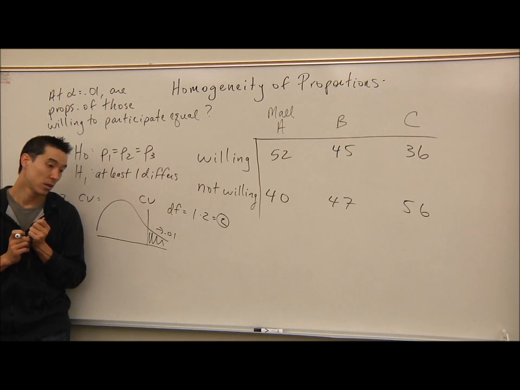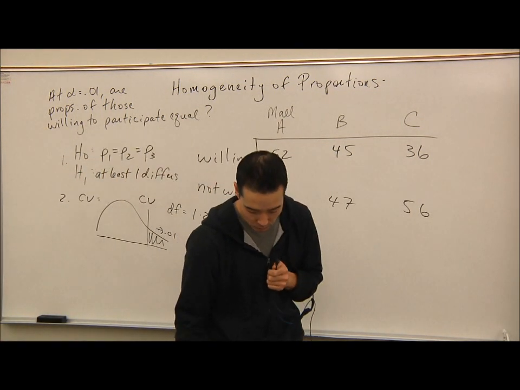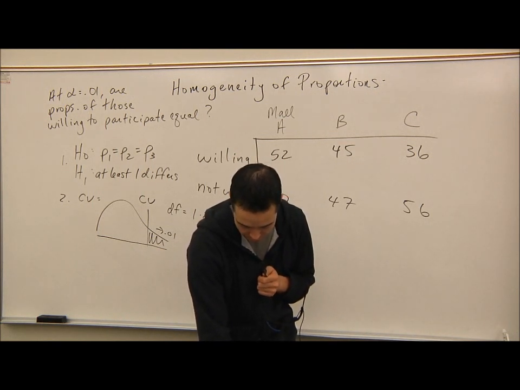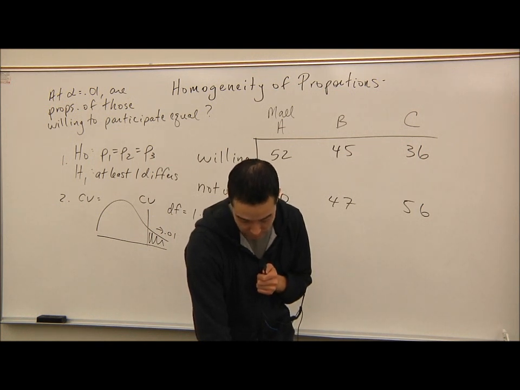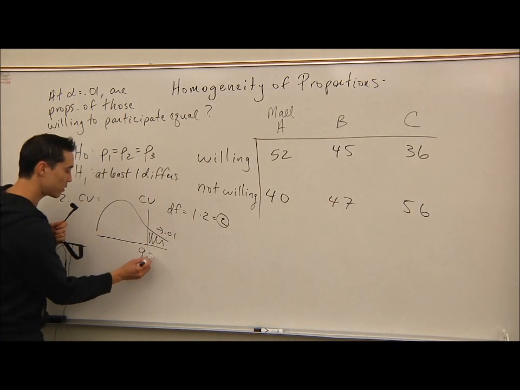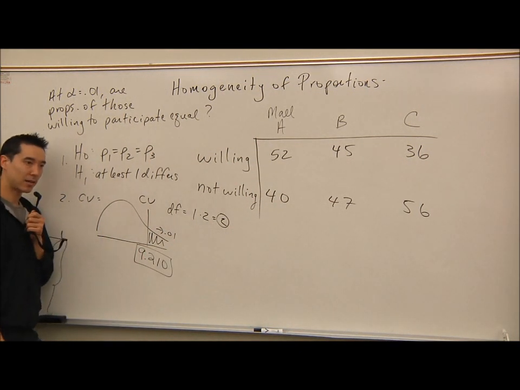Okay? So look up in your chi-square distribution table, go to 0.01 area in the right tail, go to 2 degrees of freedom, and you should get a critical value of 9.210. Okay? And of course, I just looked that up in the book.